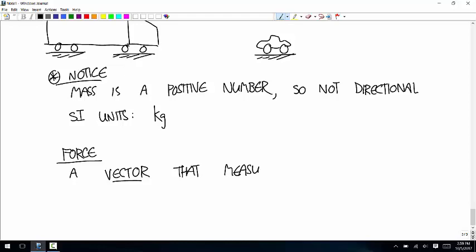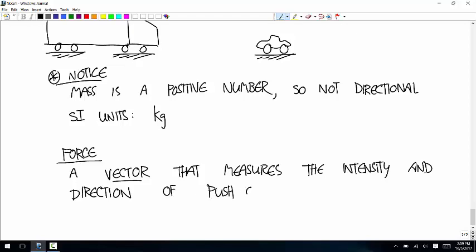It measures the intensity and direction of push or pull on an object. So if something's pushing or pulling harder on you, stop pushing me, they're applying a force. And if they're pushing you harder, they're applying a bigger force.